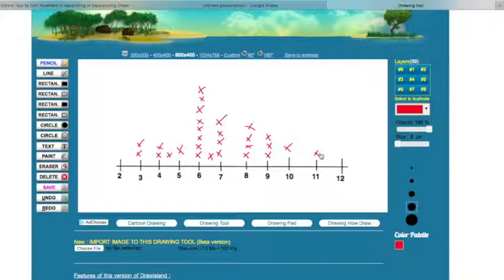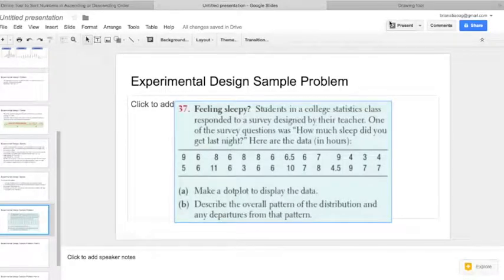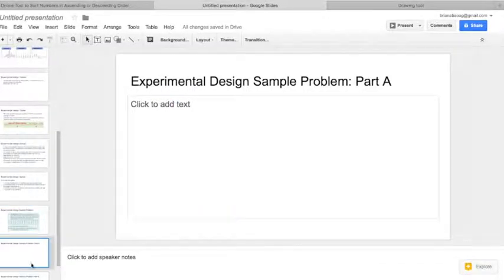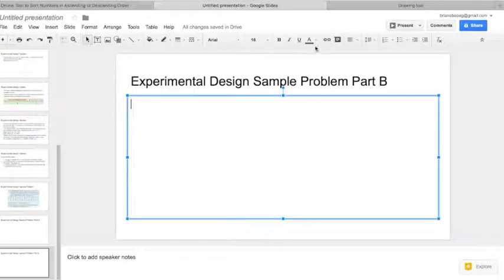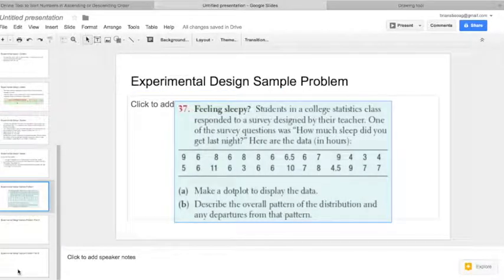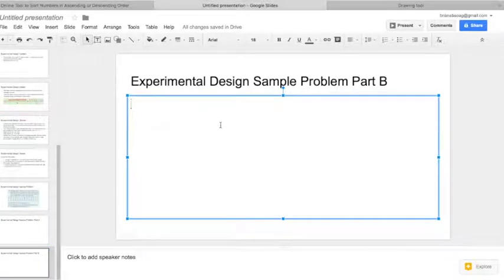So we already did our part A. We already drew our dot plot. Now we just have to do part B, which asks us to describe the overall pattern of the distribution and any departures from that pattern.